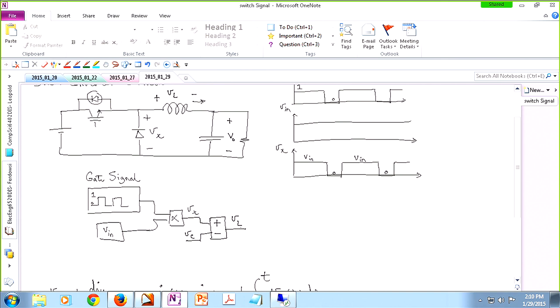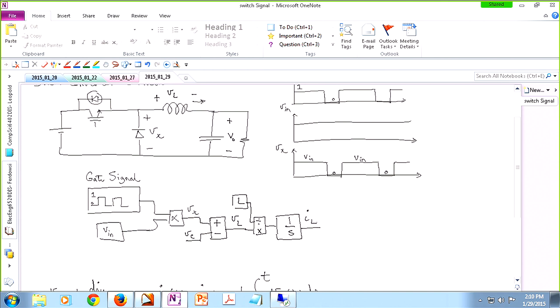And there's a division by L involved, so I'm just going to do a division. And again, the value of your inductor is just a constant that you can use in Simulink, and then integrate it, which is another block in Simulink. So this would be IL.